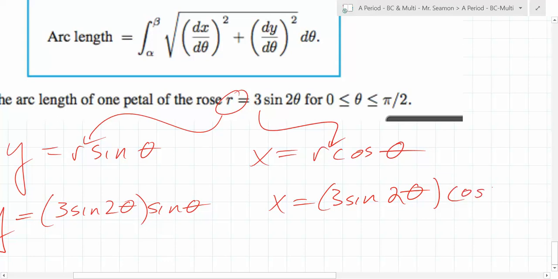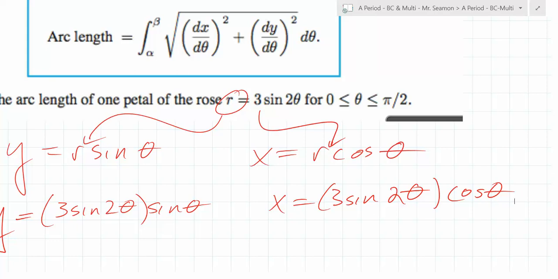Now here's the thing. You now have x in terms of theta, and y in terms of theta. Can you find dx d theta and dy d theta? Yes and yes. What does it look like? It's going to be terrible. Are you ever going to do that by hand? No. But should you be able to write the integral? Yeah. Is this absolutely something they could ask you on a multiple choice question? I already asked you some of those on the last test, but with parametric. There's not that much difference here.